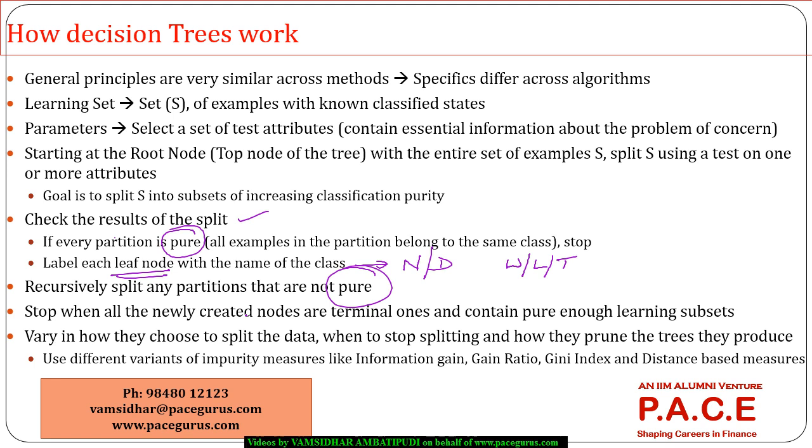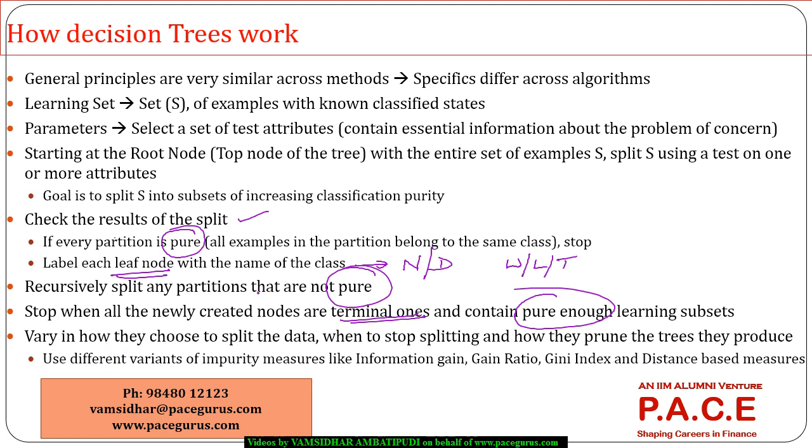So that's how the whole splitting process happens recursively, so that based on different attributes I split the tree, and in the process improve the purity levels. Stop when all the newly created nodes are terminal ones and pure enough. When I say pure enough, to a large extent they should belong to one of the groups.